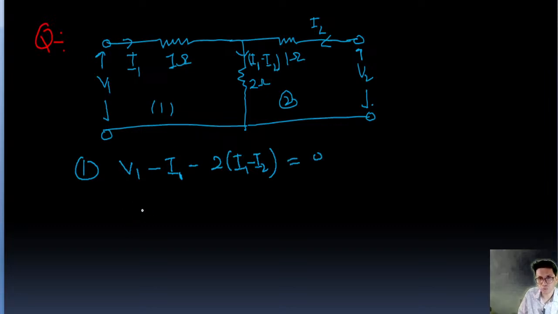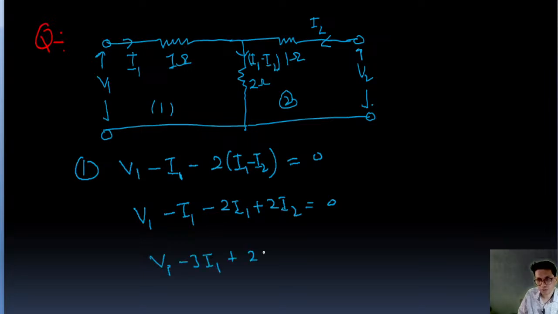Simplifying, V1 minus I1 minus 2I1 plus 2I2 equals 0, or V1 minus 3I1 plus 2I2 equals 0.